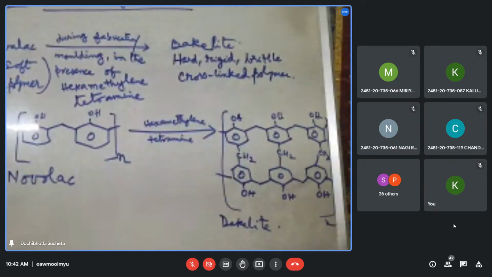Okay, you are going to write one more point. During molding, hexamethylene tetramine provides the required formaldehyde molecules for cross-linking, that is, for these groups.